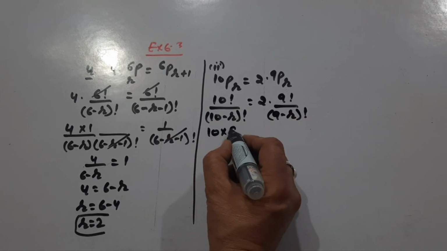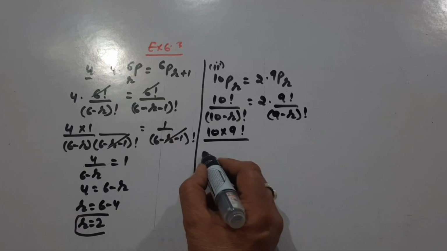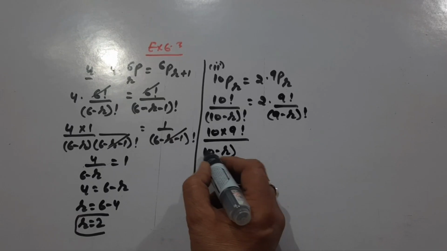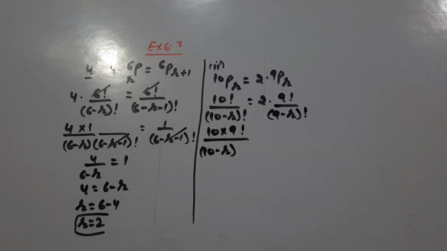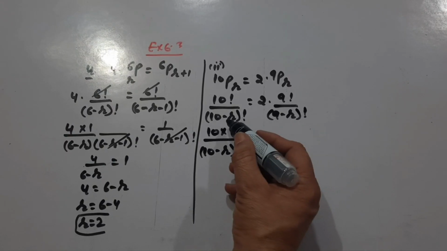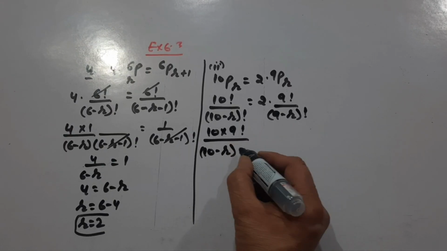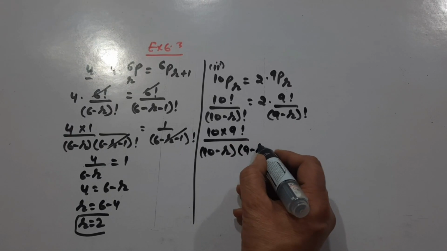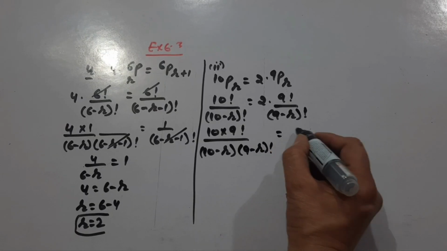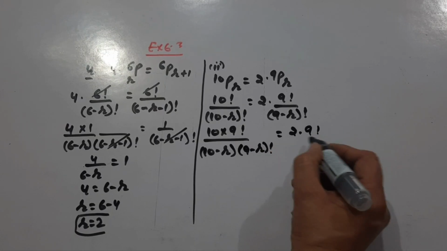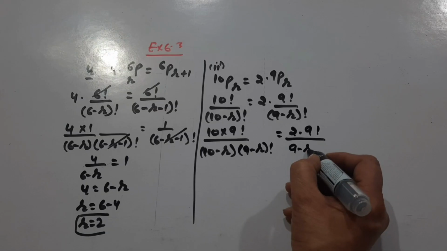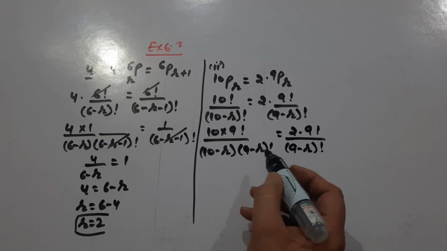So on solving it, 10 into 9 factorial. Now 10 minus r is larger than 9 minus r, so we can expand 10 minus r factorial as 10 minus r into 9 minus r factorial, equals 2 into 9 factorial upon 9 minus r factorial.